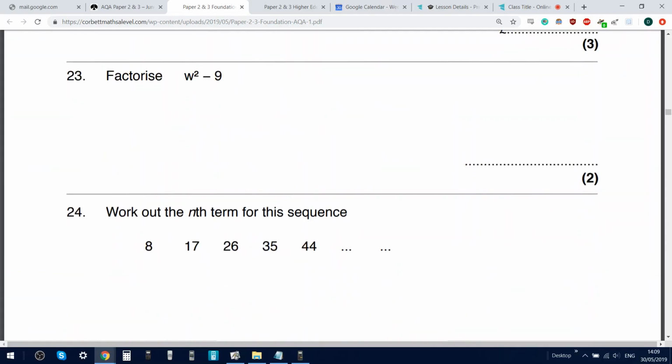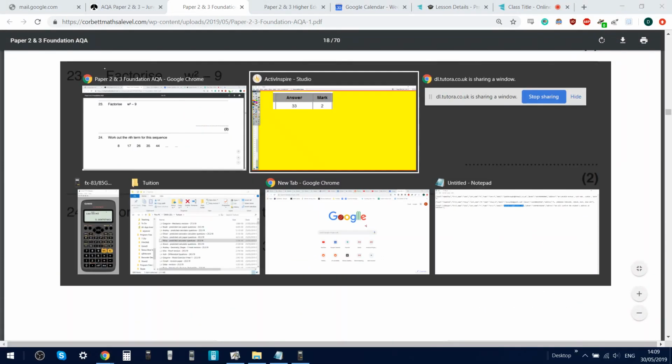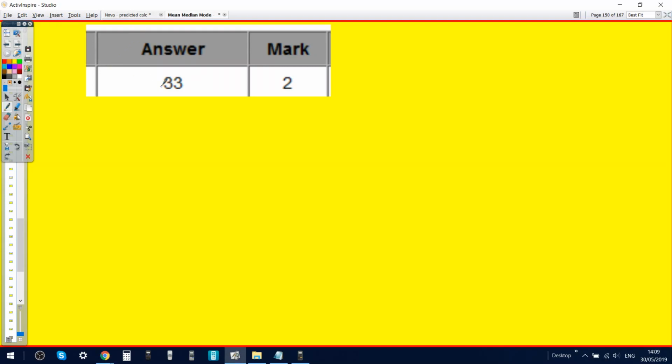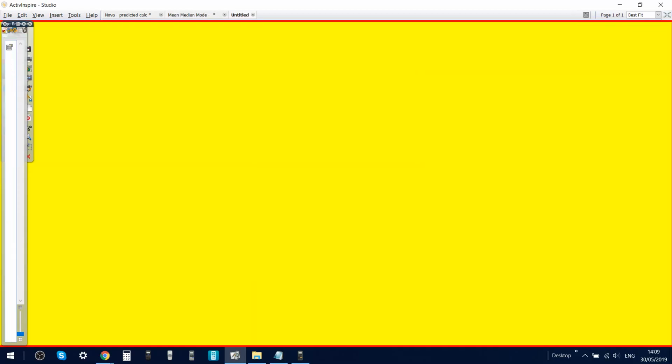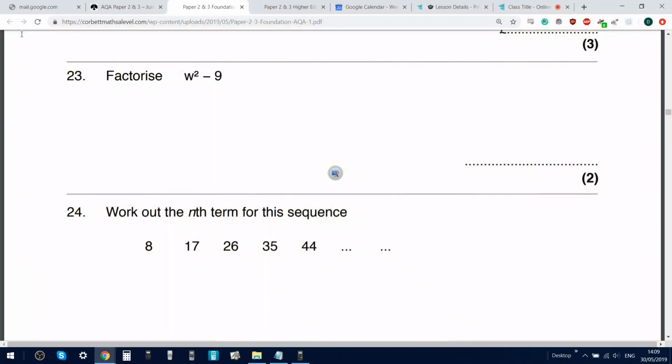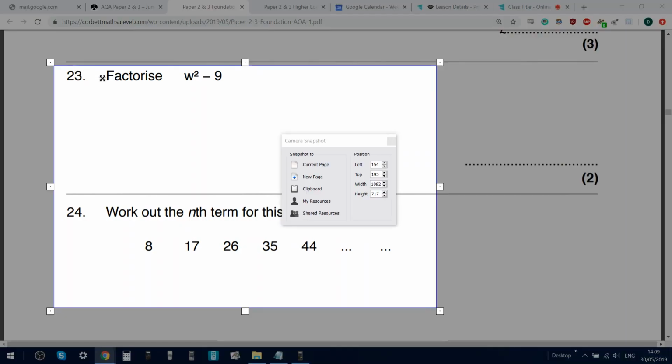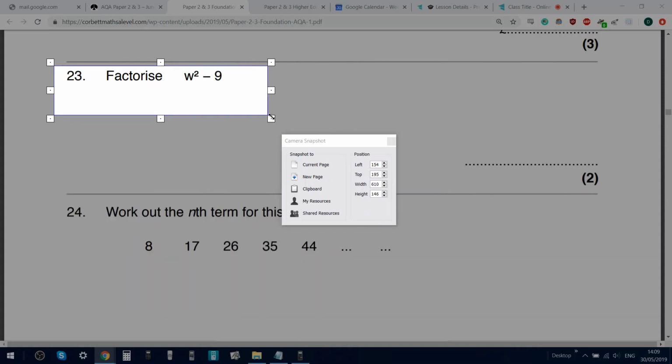So it's a special type of quadratic. Let me just make this one. w squared minus 9. So that's the same as w squared plus 0w minus 9.